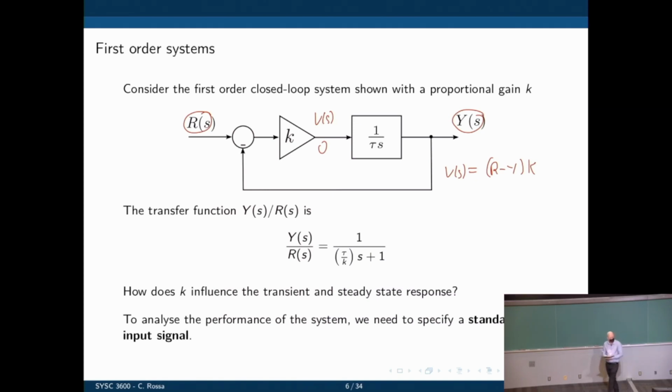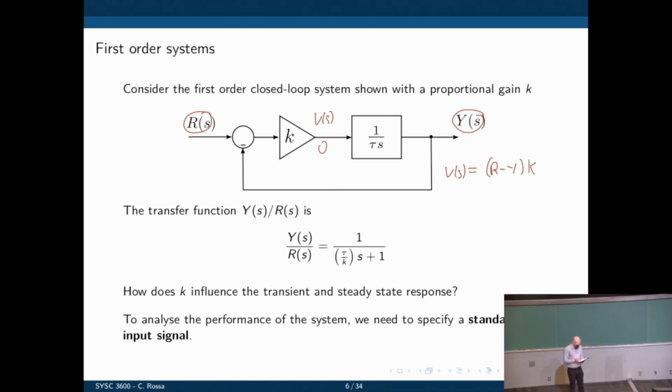So if R equals Y, the voltage is 0, the motor doesn't move, it doesn't have to. Now, if we are, say, 5 millimeters away from the desired position, then the error is 5. We multiply 5 by K, that's the voltage we give to it, and then the voltage will make it move, and eventually this error decreases until it is hopefully eliminated.